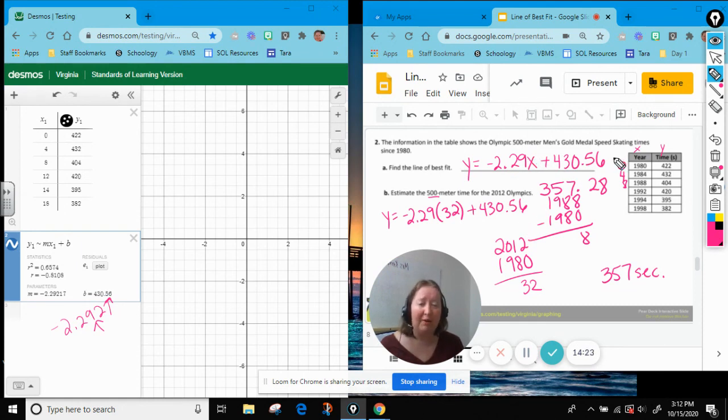The farther you go out with your decimal, the more accurate your data will be. So we only round to the last second at the very end of the problem. Okay, that is how you do those types. So you do really need to memorize this right here, Y1 tilde MX1 plus B. That's super duper important.